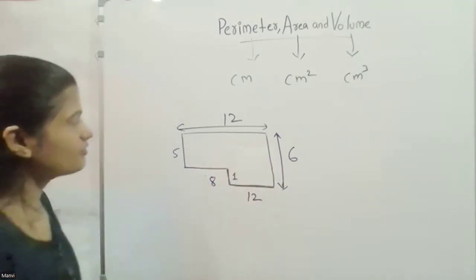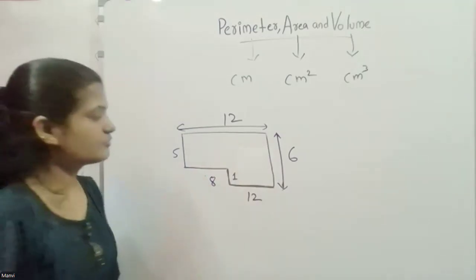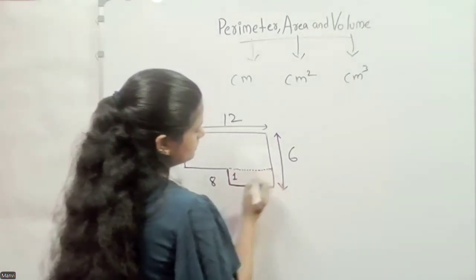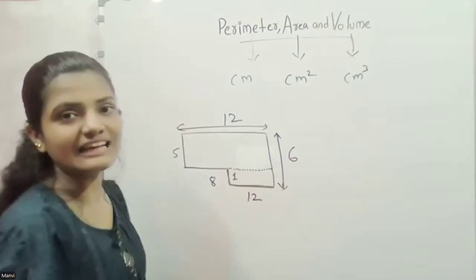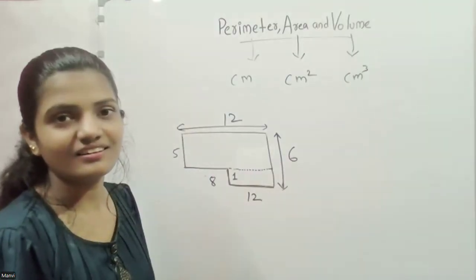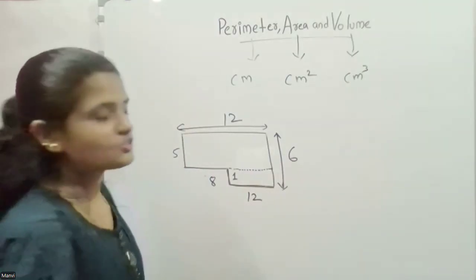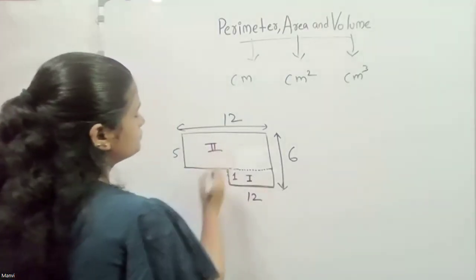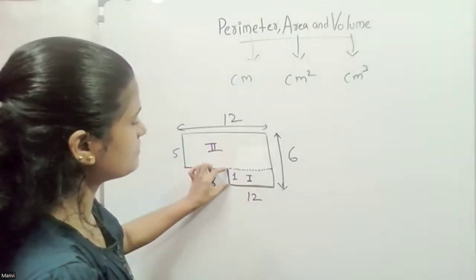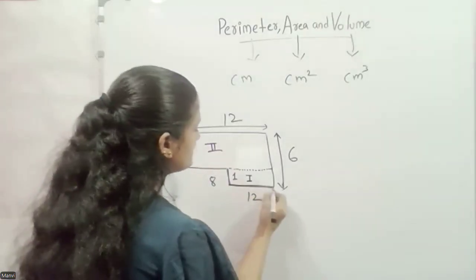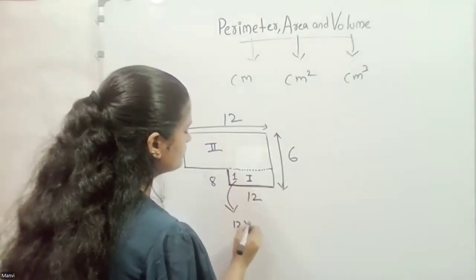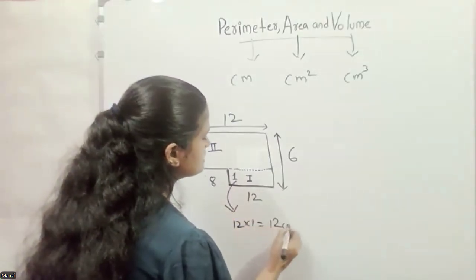So for this, we can build it this way. If we join this side from here to there, this forms one rectangle, right? So we can say this is figure 1, this is figure 2. So the area of this shape is, the length is 12 and width is 1. So area is 12 times 1, which is 12 centimeters square.